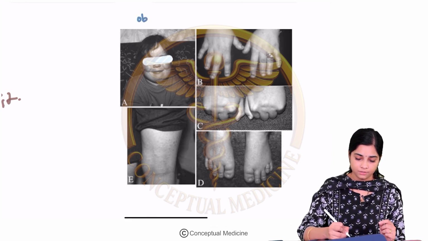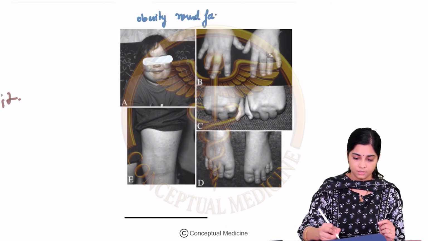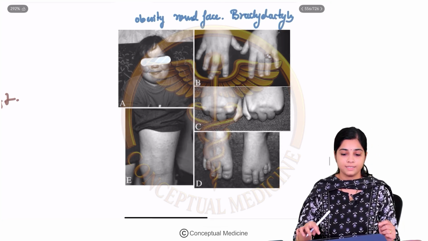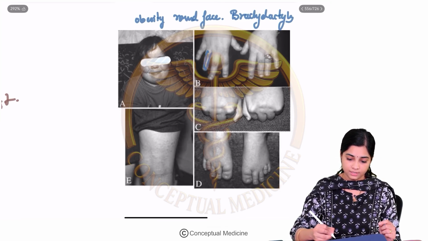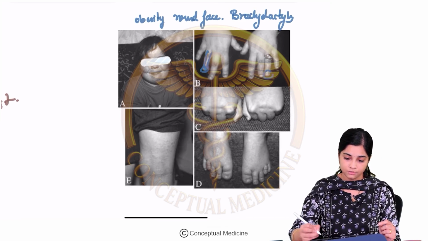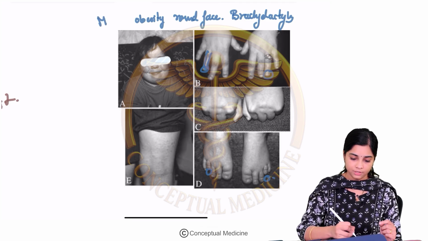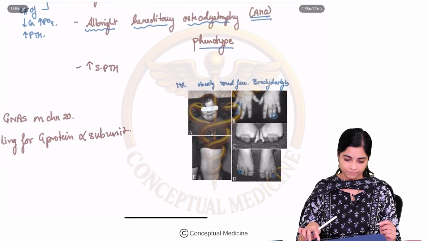So a patient with obesity, round face, skeletal abnormalities like brachydactyly. Can you see that the fourth metacarpal is short? Short fourth metacarpal, short fourth metatarsal, and you can have some degree of mental retardation as well.